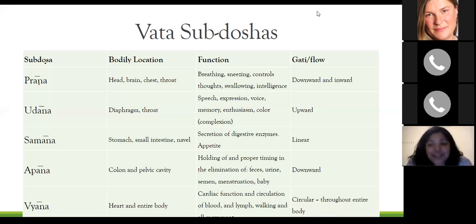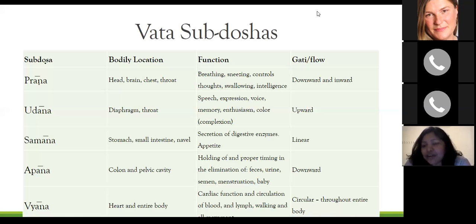The reason why it is still true here as well is because asthma and pneumonia and emphysema are also conditions where the root cause is actually at the stomach. That happens because the Samanavata, Apanavata, Prana, and Udanavata are actually, again, one and the same Vata.